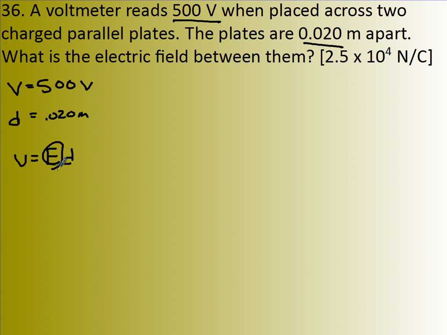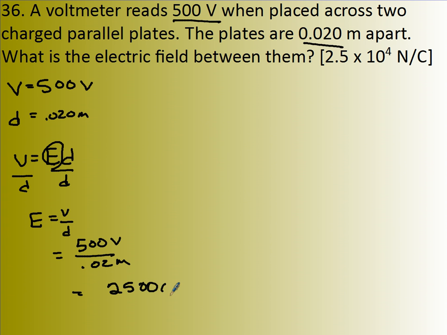So I'm looking for E. I divide both sides through by D. E is V divided by D. So it's 500 volts divided by 0.02 meters, or 2500 newtons per coulomb.